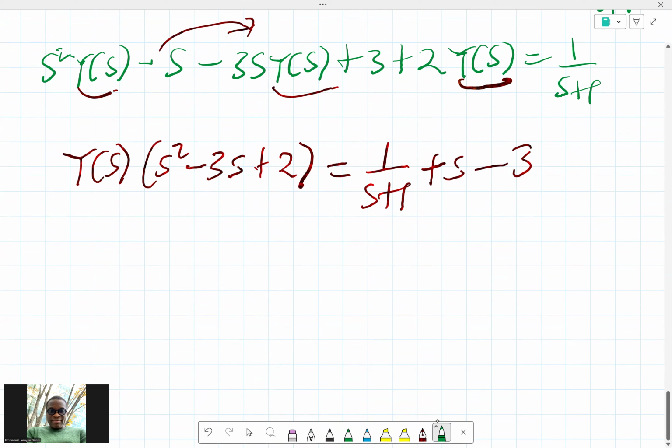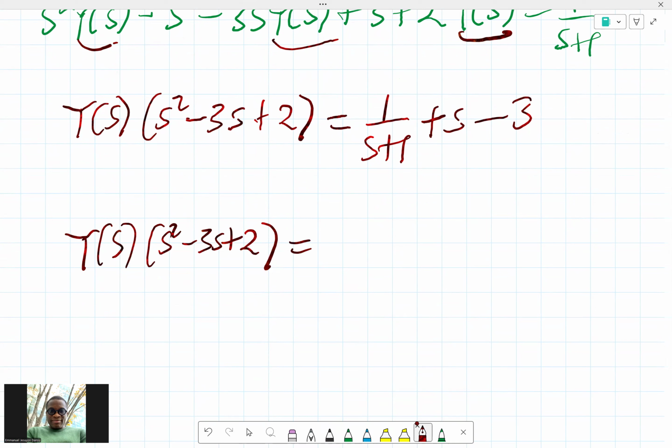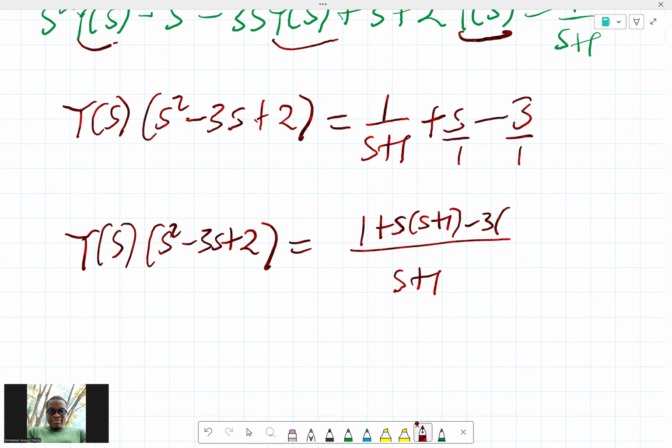To get that working, we need to tidy things up. So this is y of s into s squared minus 3s plus 2 equals the LCM here. If you take this over 1 all the way, this is s plus 1. So s plus 1 into 1. So that's 1 here plus s into s plus 1 minus 3 into s plus 1, like that.